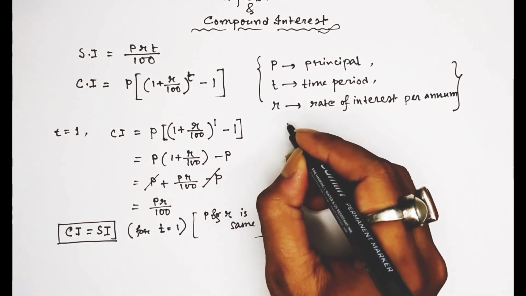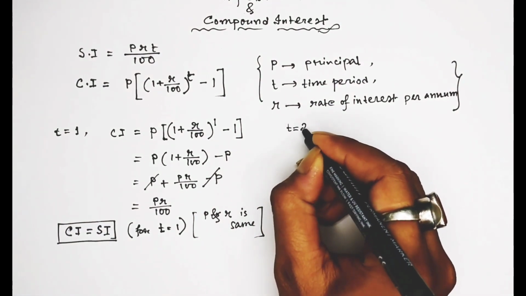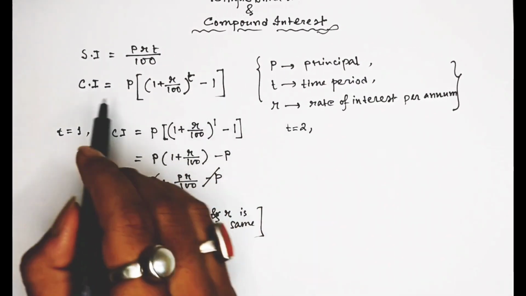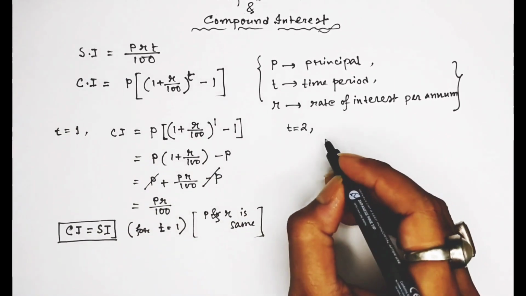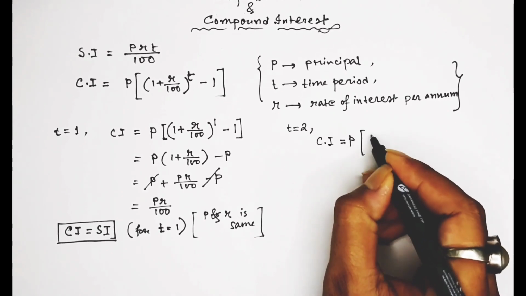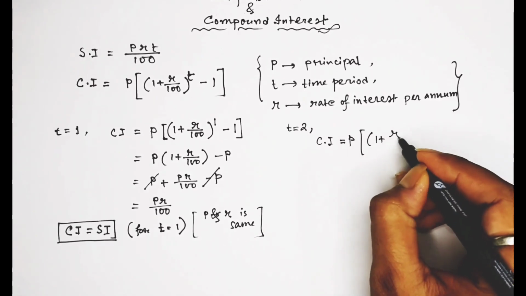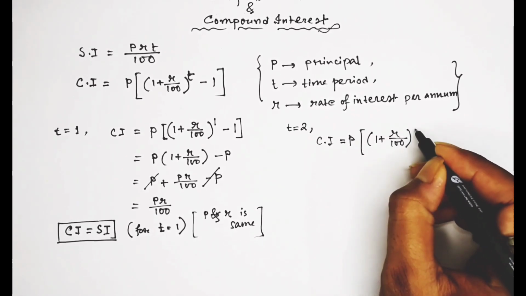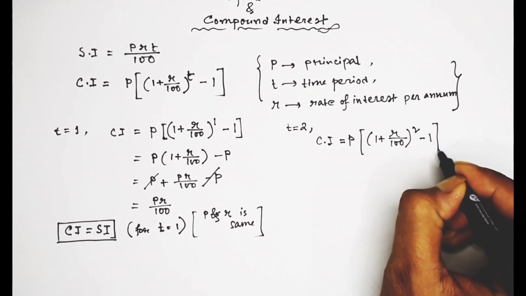Now we take T equals 2 and put it in the formula of CI. CI equals P into (1 plus R by 100) whole square minus 1.